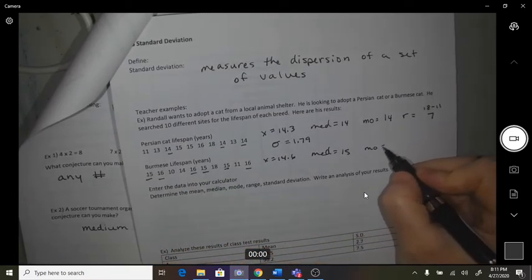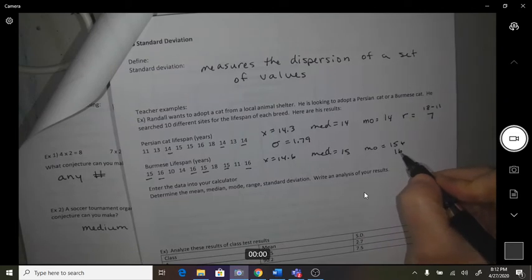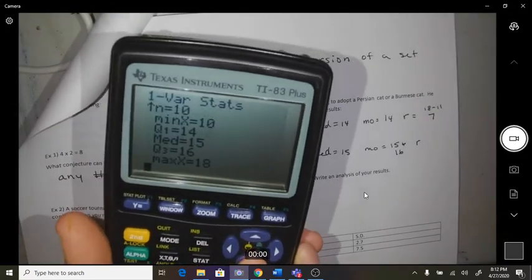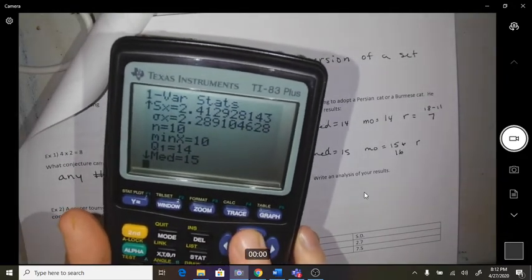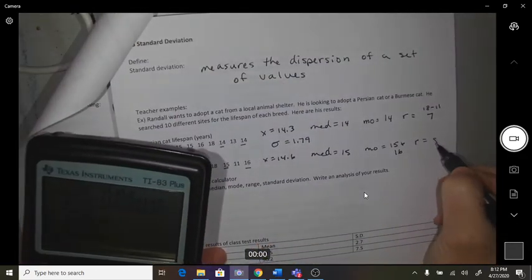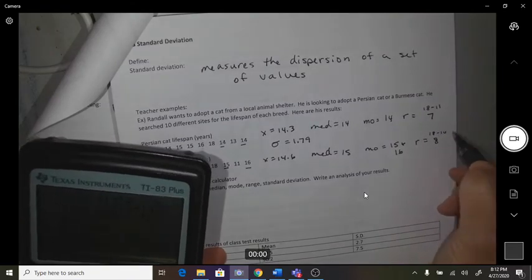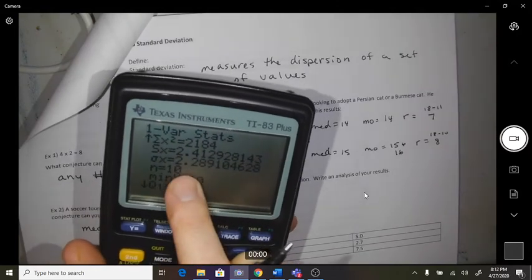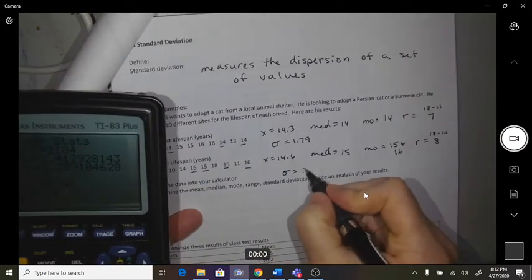So we have 2 modes, 15 and 16. Our range, max is 18, min is 10. And our standard deviation is 2.29.